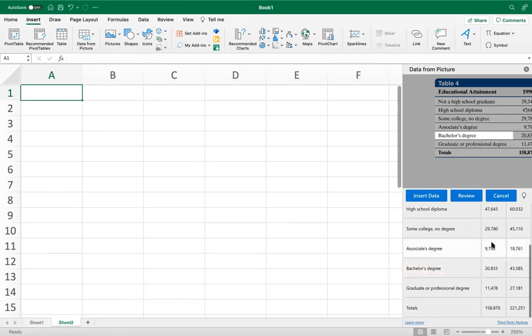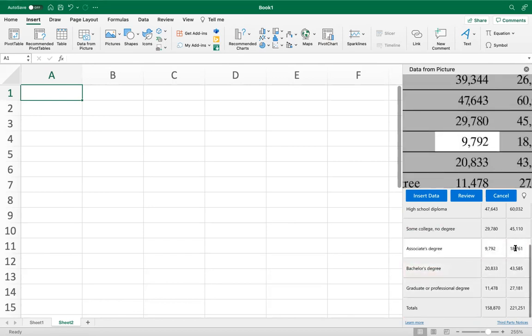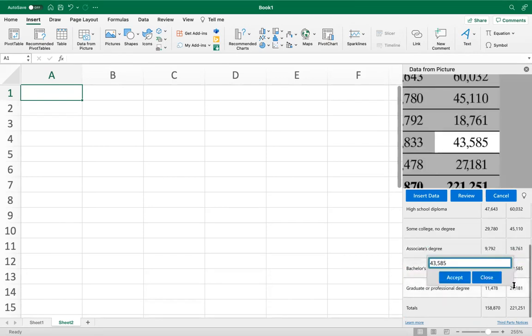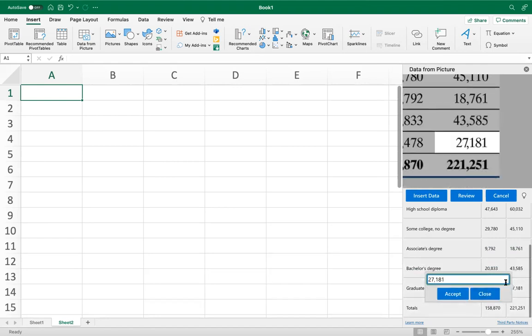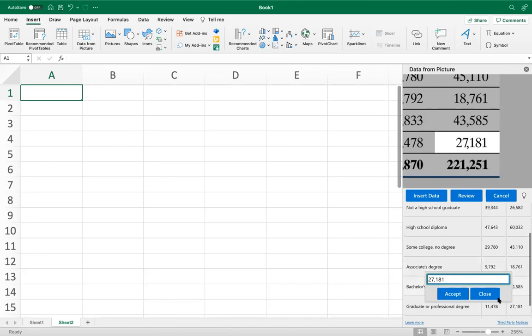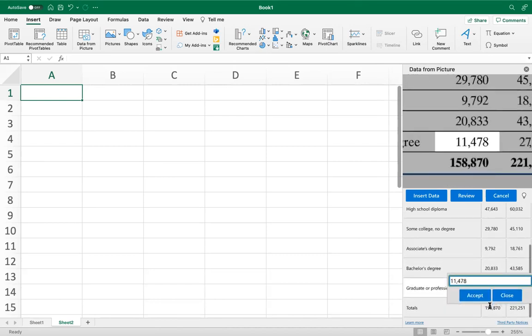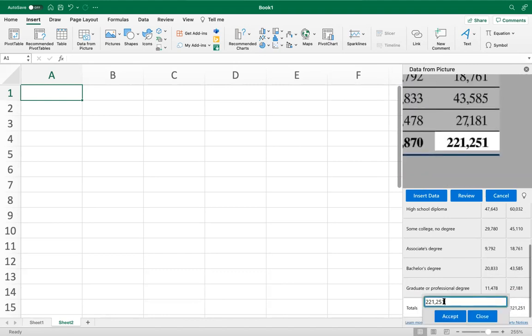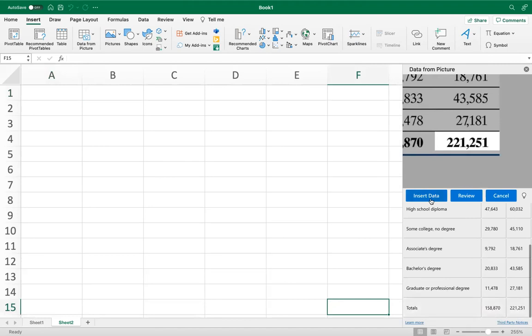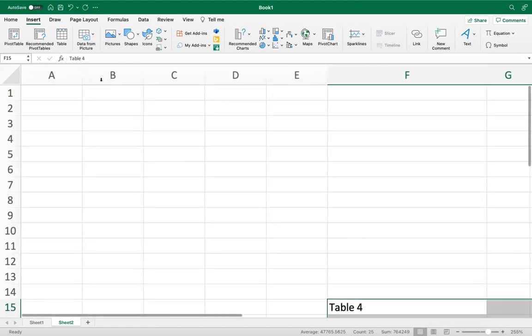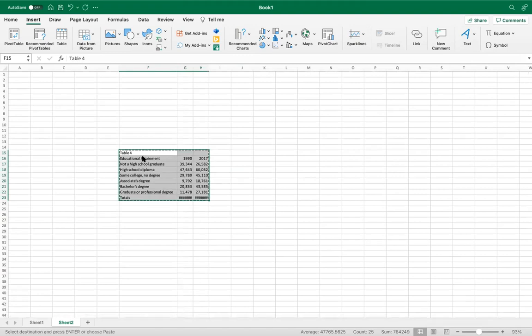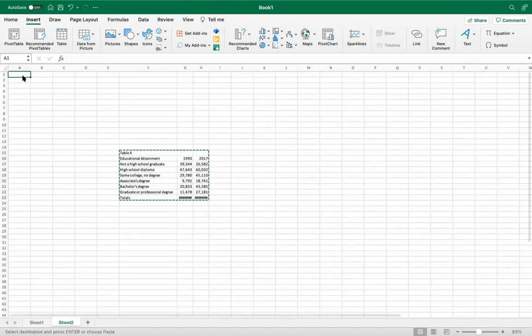Bachelor's degree, good. And then we have the totals. All right, so now that everything looks good, let's go ahead and insert the data. I personally didn't see any problems with it. Ooh, and I messed that up. So let's go ahead and copy and paste it up here.